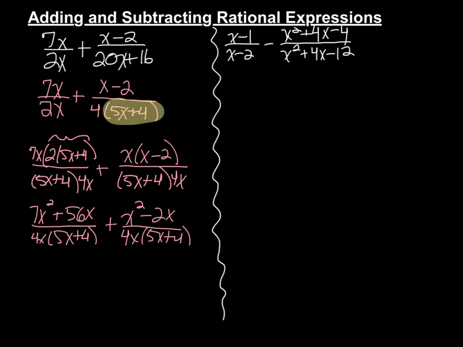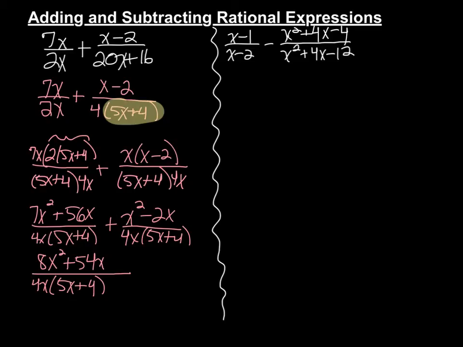I'm going to then combine like terms. It's all going to be over the same denominator. So 7x squared plus 1x squared gives me 8x squared. And 56x minus 2x gives me a 54x.